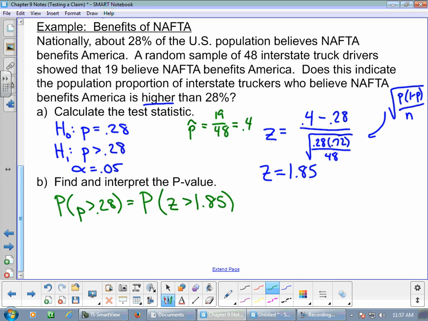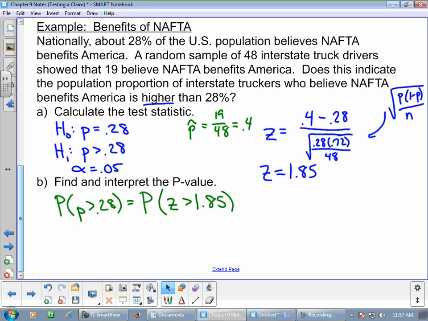If it's over 3, you can reject the null. Or less than -3, you can reject the null. But it doesn't have to be that far. In some cases 2 is going to be far enough. It depends on what your level of significance is. So for example, the probability that z is greater than 1.85.